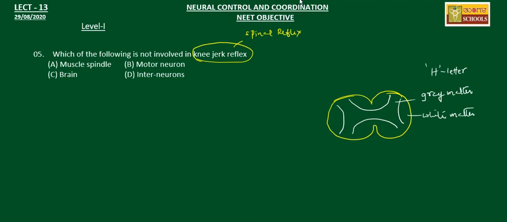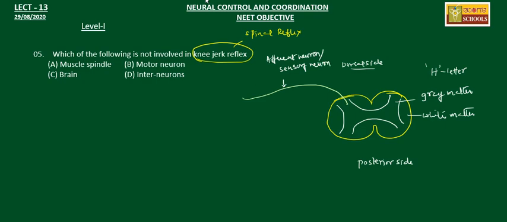This side will be the dorsal side, and the opposite is the posterior side. Entering through the dorsal side, we have the afferent pathway, or afferent neuron. This is a sensory neuron, and it carries impulses from the muscle spindle.